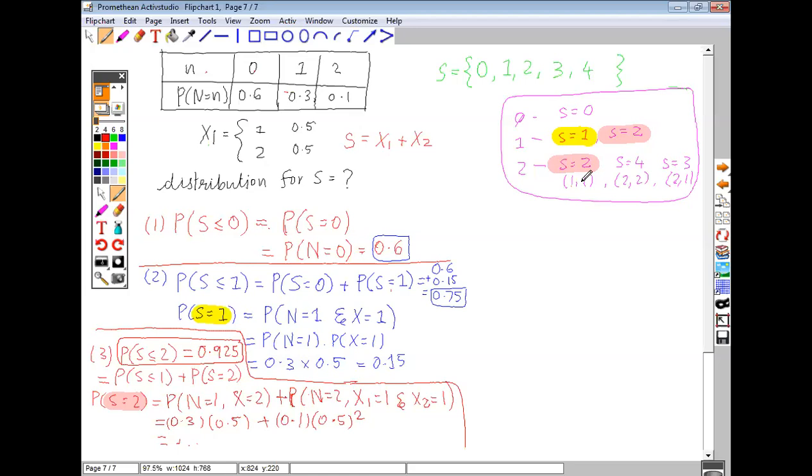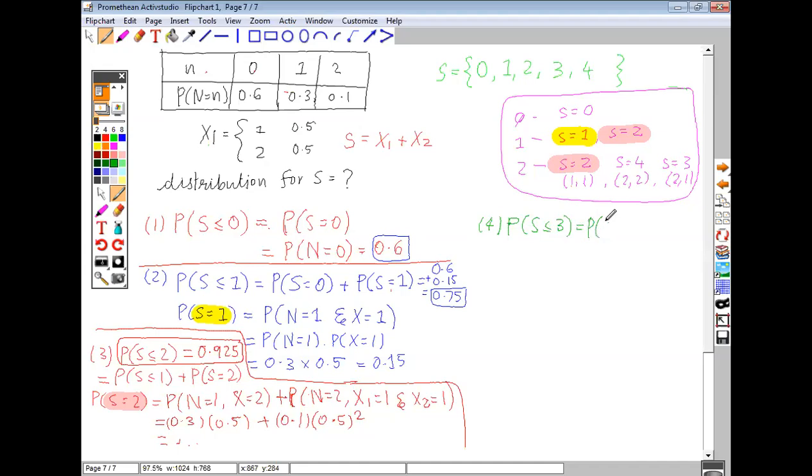Okay, so let us see the fourth case. Can you all try the fourth case by yourself? Would you all want to try the fourth case? So the fourth case would be the probability that I will observe an S less than or equal to 3.